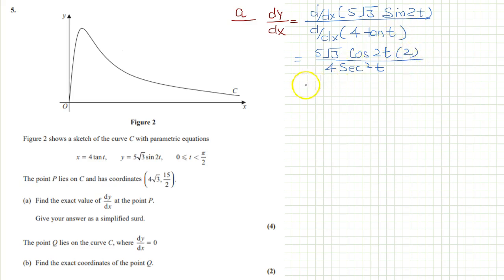So that will be equal to, this is 2, 5 root 3 over 2 cos 2t, and sec square is cos square t.